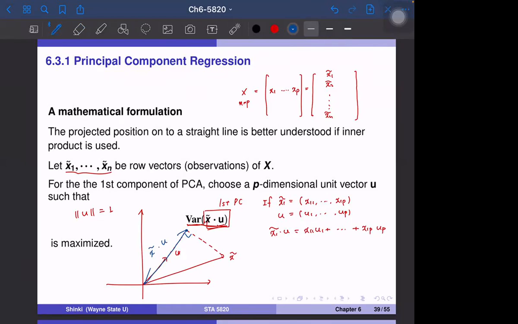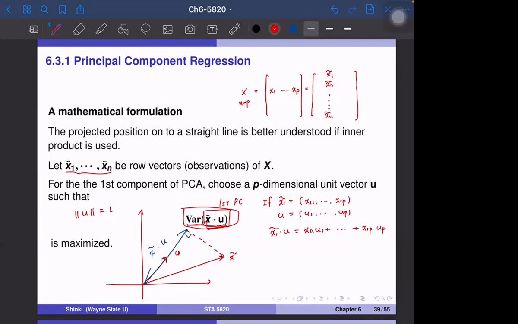If x tilde is on the other side, I mean the angle between u and x tilde is more than 90 degrees, then the x tilde u inner product is negative. So x tilde dot u is the signed projected distance. So we want to maximize the variance of x tilde dot u.